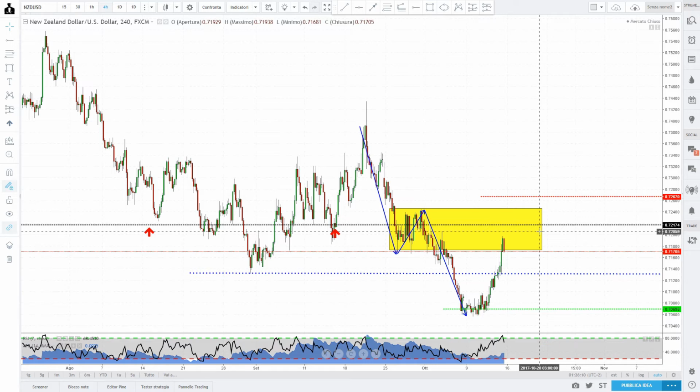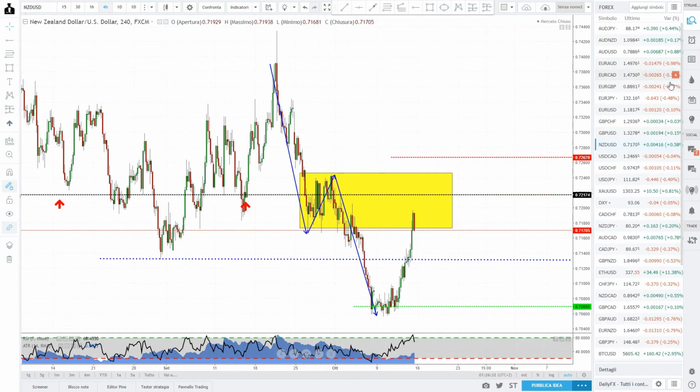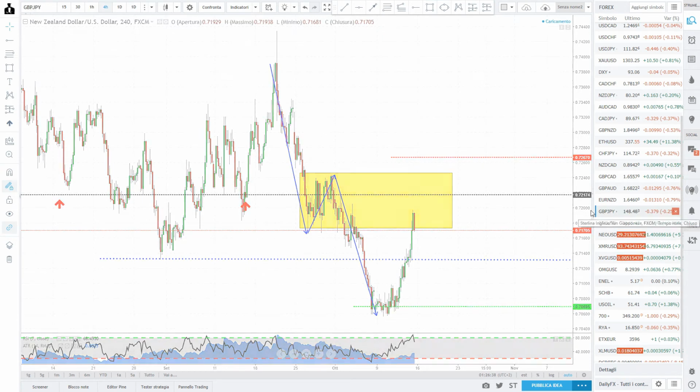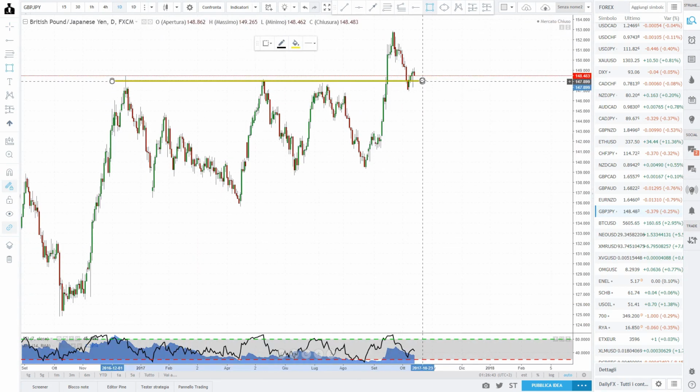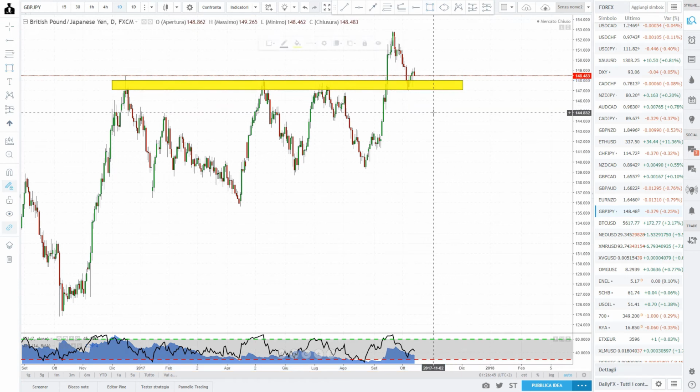If you know where you place your stop, if you know that your risk will be smaller than your potential gain, these are all elements that are relevant to the outcome of your strategy. So next we are going to see Pound Yen. I shared with you my thoughts on this. We are basically coming back to previous daily structure.